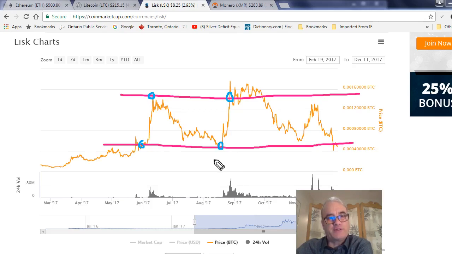Imagine tripling your coins. 100 coins goes to 300 coins, right? And it's happened here now 2 full cycles. And what this would indicate is that down here we should be considering getting into Lisk.